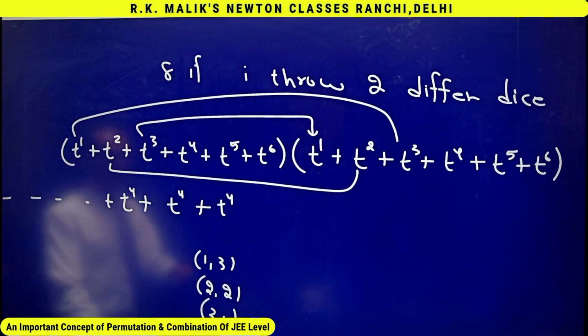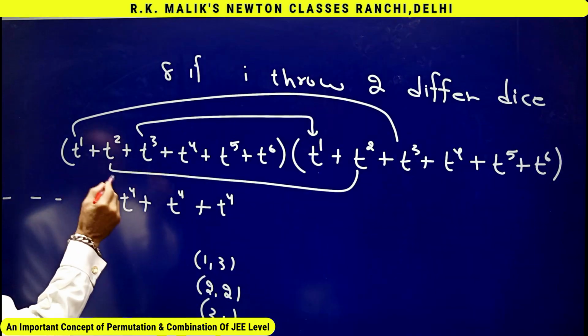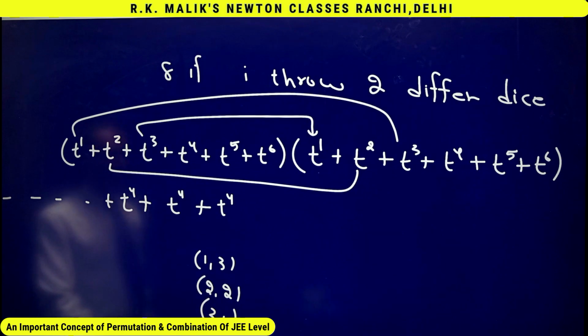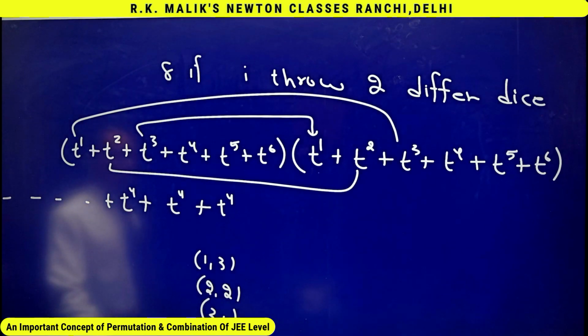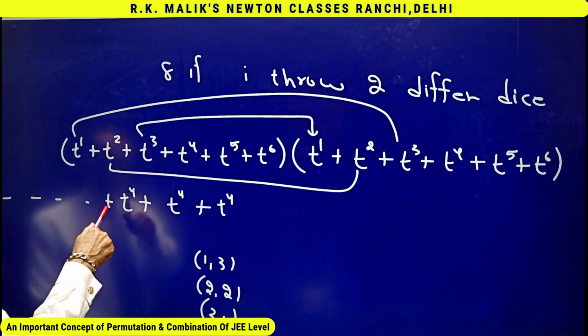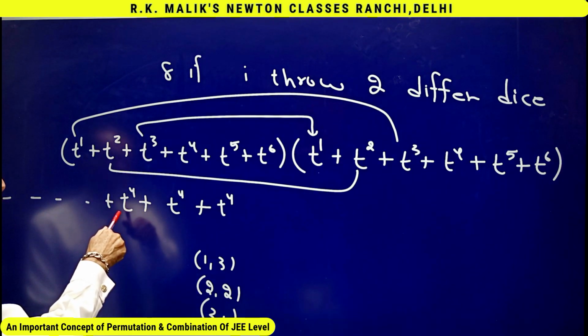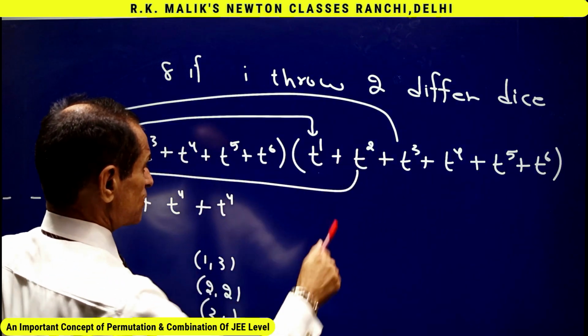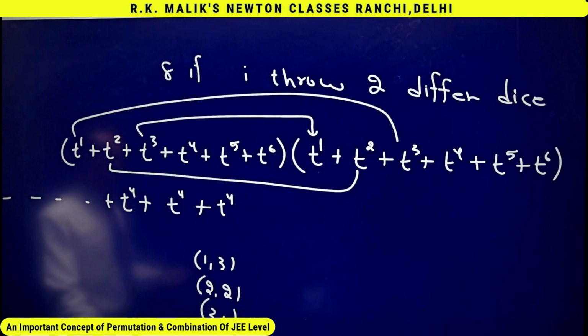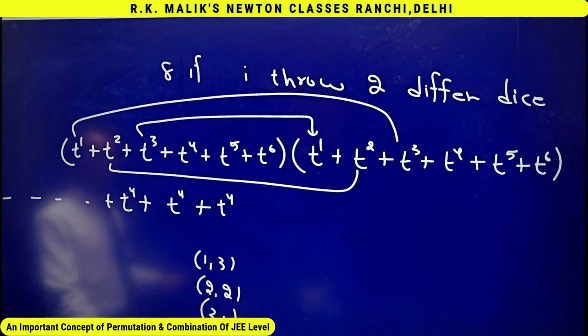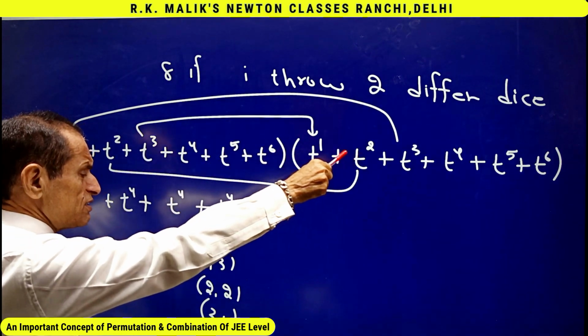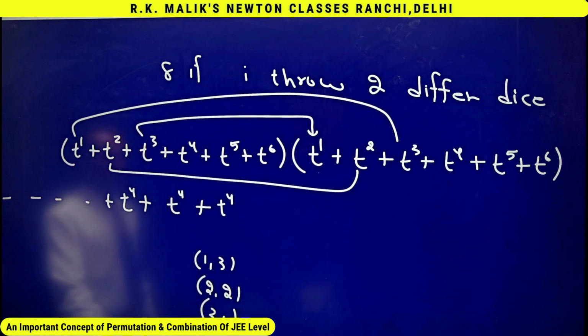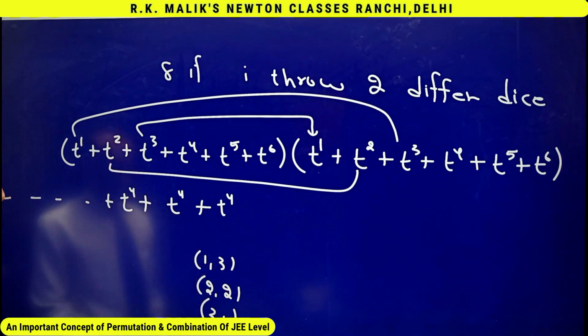That is, every term t to the power 4 is indicating towards a way of getting a total of 4 with the help of 2 dice. This t to the power 4 has come because of the multiplication of this and this. You can say in this way also that this t to the power 4 term is indicating towards the outcome 1 3.